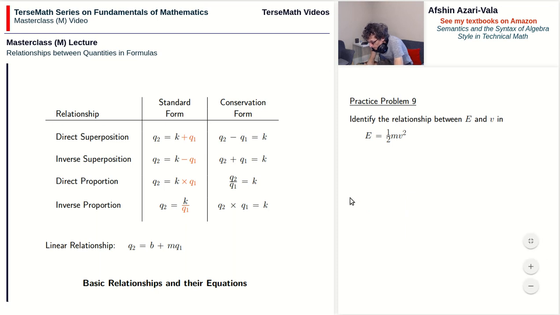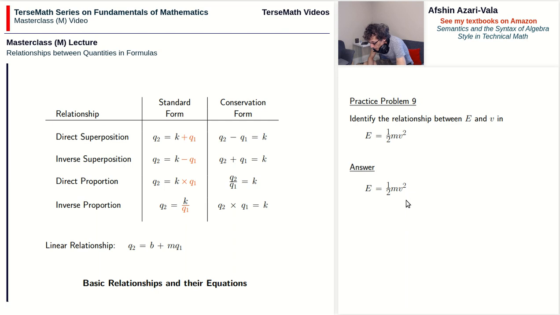Problem 9. For the same formula, identify the relationship between E and v. The equation or formula has been solved for one of the unknowns. On the right hand side, there is only one term. There are no terms that can be turned into a constant. Within this term, there are three factors, 1/2, m, and v squared.